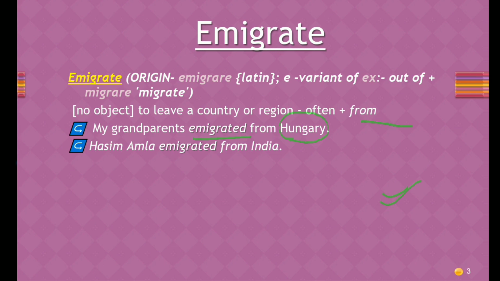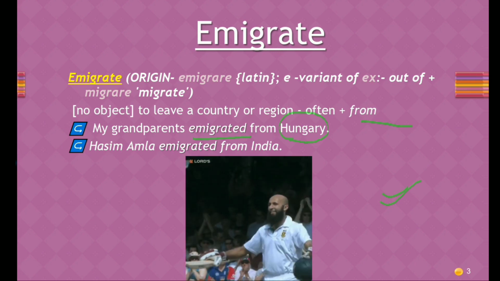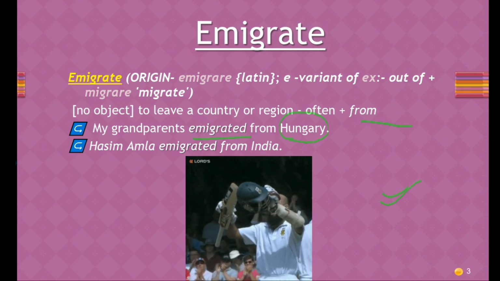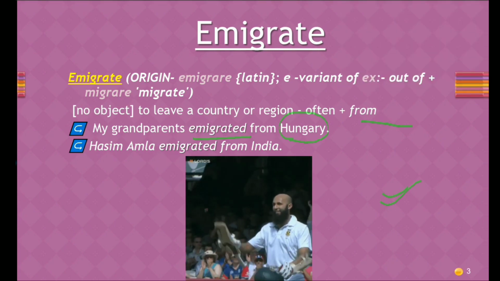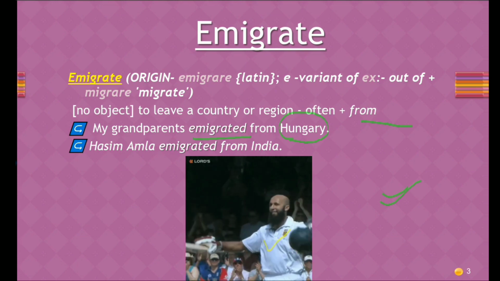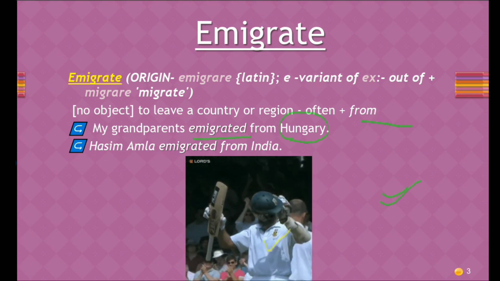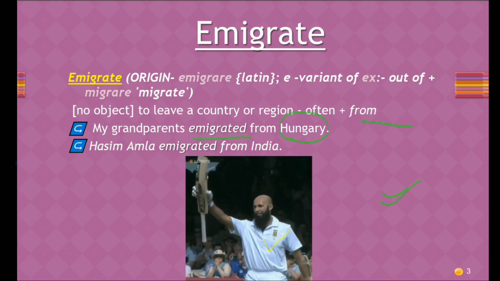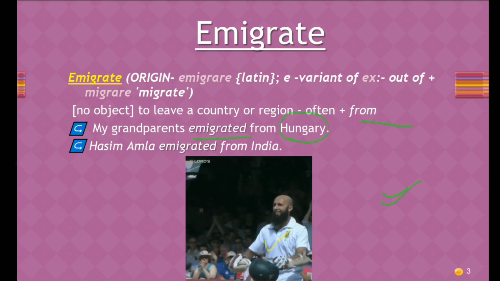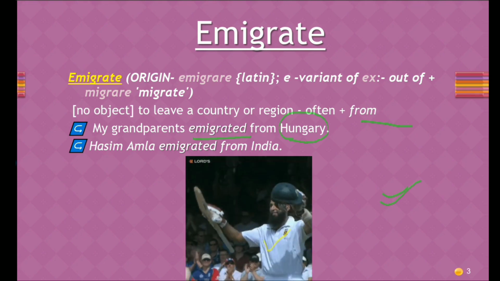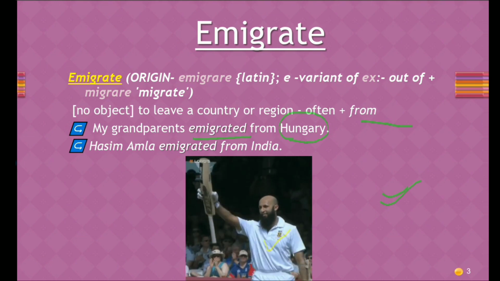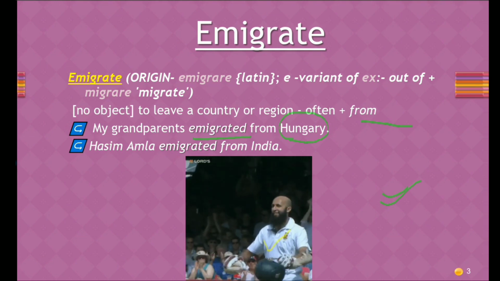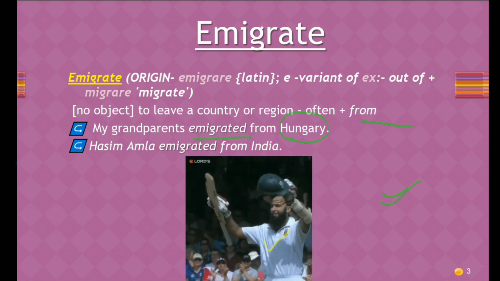Now the other one we have: Hashim Amla emigrated from India. Here in this image you can see Hashim Amla, who has emigrated from India. Emigrated from India means Hashim Amla left his native country, India, to live in another country, and the name of that country is South Africa.